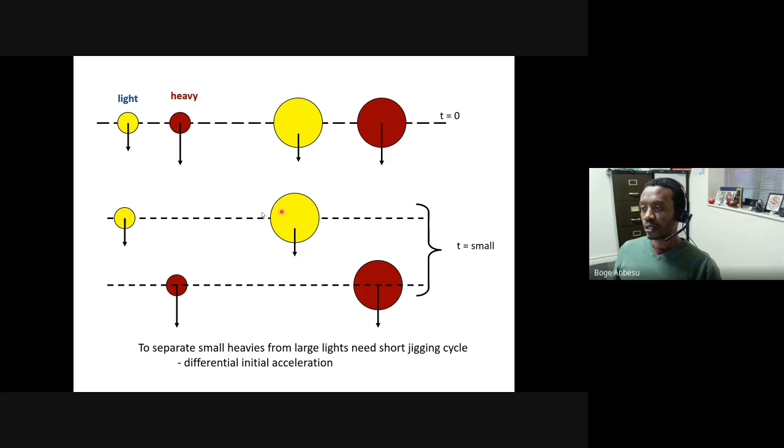Large light and small light also fall at reasonably the same rate. So the dense ones settle quickly, then the lighter ones start to fall after that. I just exploited the differences in density to separate particles from one another. So that's one way of doing it.